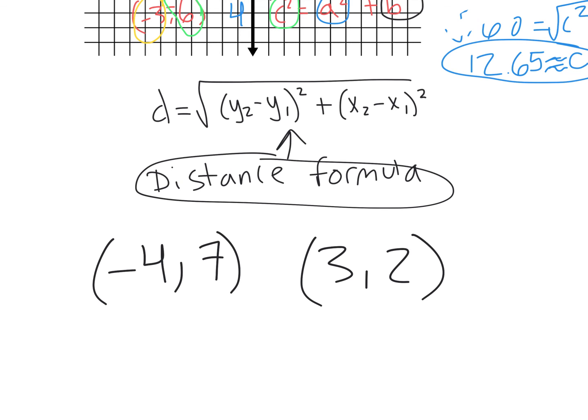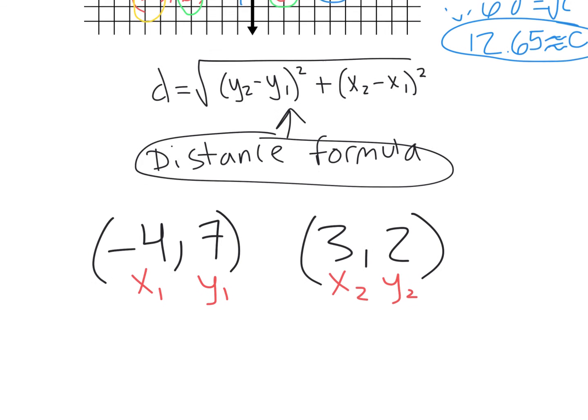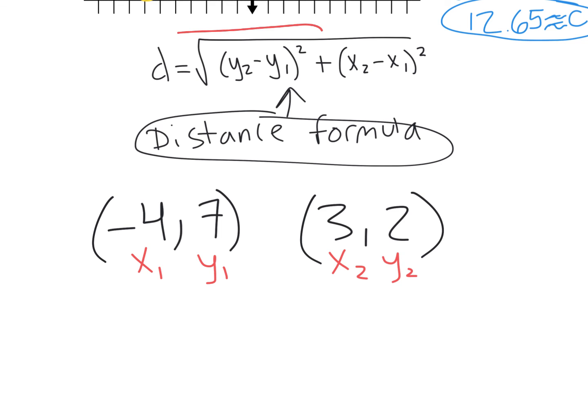And I want to know the distance between these 2 points. Well, the first thing I'm going to do is identify my x's and y's. Coordinates are always written x, y. We can call these ones here our x1 and y1, and these are x2 and y2. And then from there, we're just plugging these values into this distance formula.